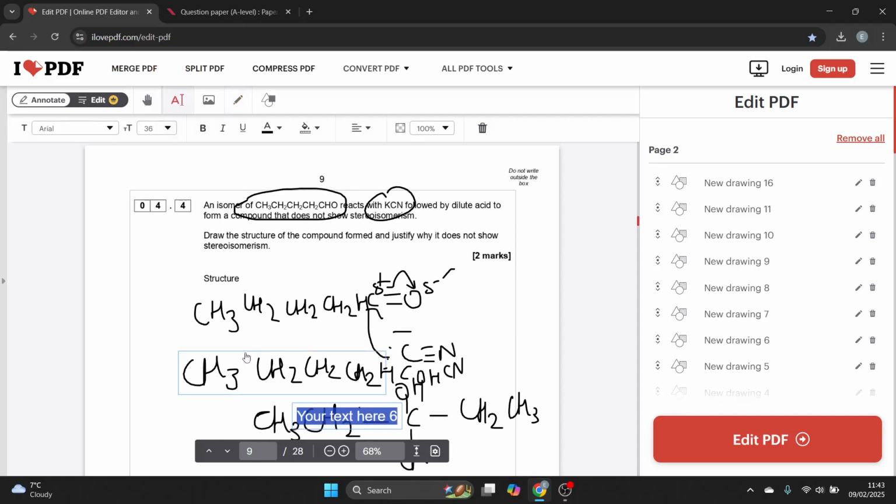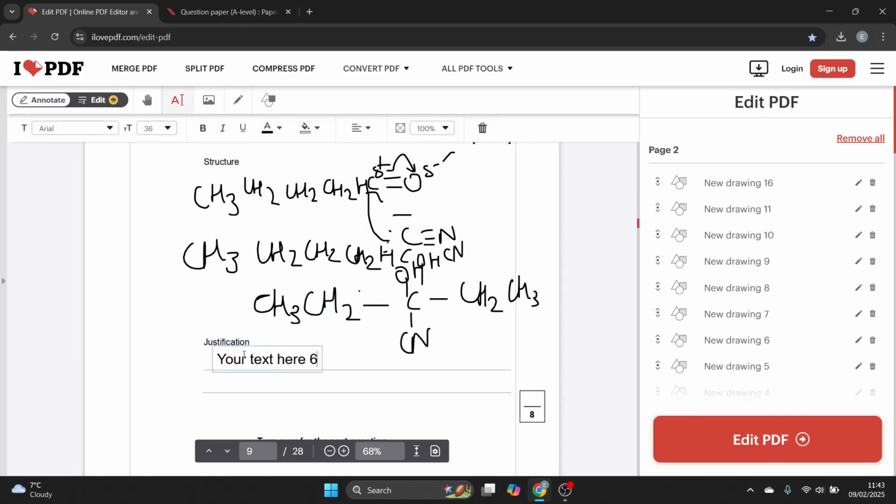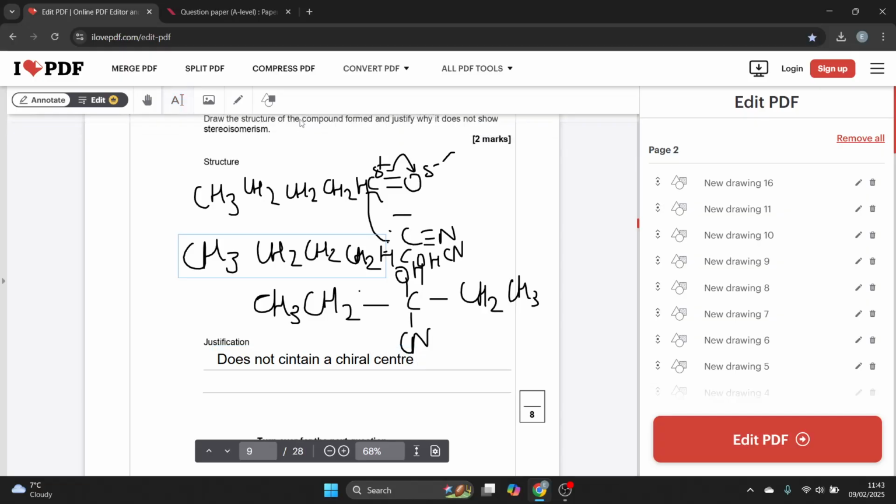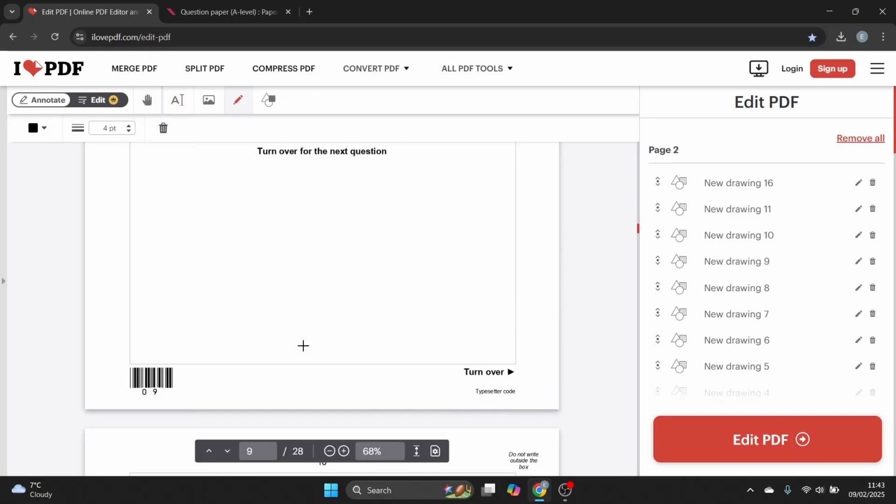And why it does not show stereoisomerism is because it does not contain a chiral center. CH3, CH2, C(OH)(CN), CH2, CH3.